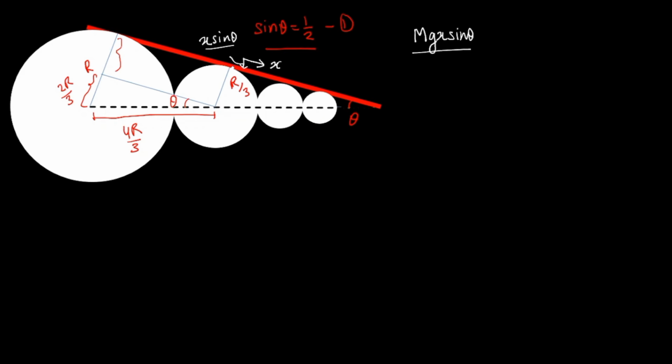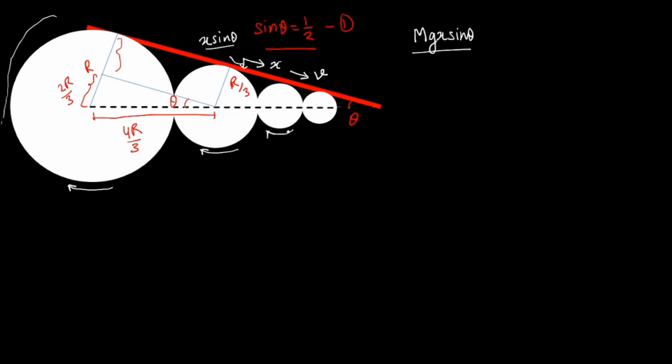And if this is the loss in potential energy, it should be the gain in the kinetic energy of the whole system, isn't it? Let us say the rod acquired the velocity v. All of these disks will start rotating, this one like this, this one like this.